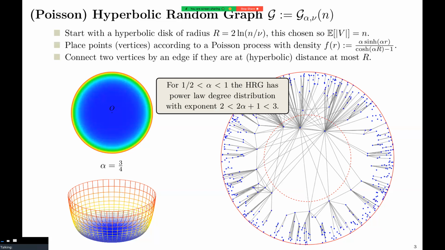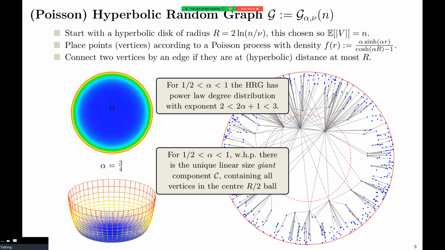For alpha between 0.5 and 1, it was proved that the HRG has a power law degree distribution with a natural power law exponent between 2 and 3. So arguably, this is the most interesting regime for this model, as outside this, you don't have that. And again, in this regime, with high probability, there's a unique linear-sized giant component.